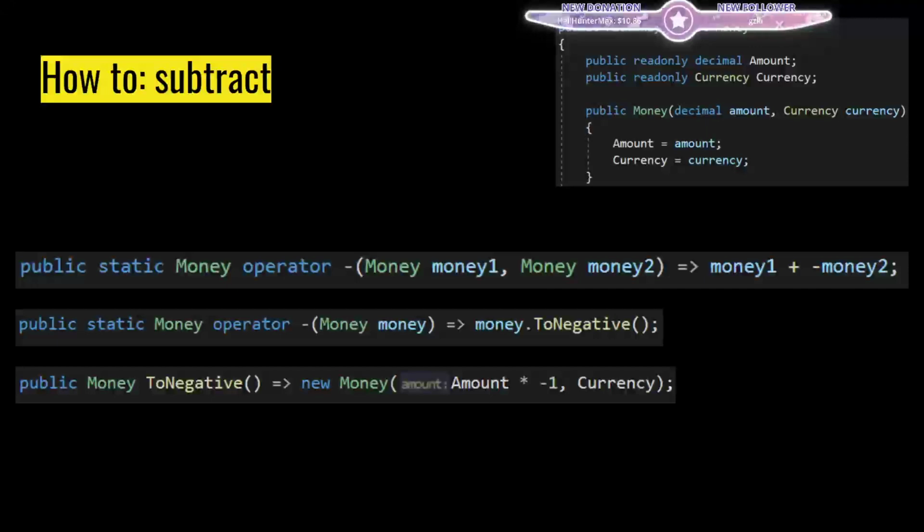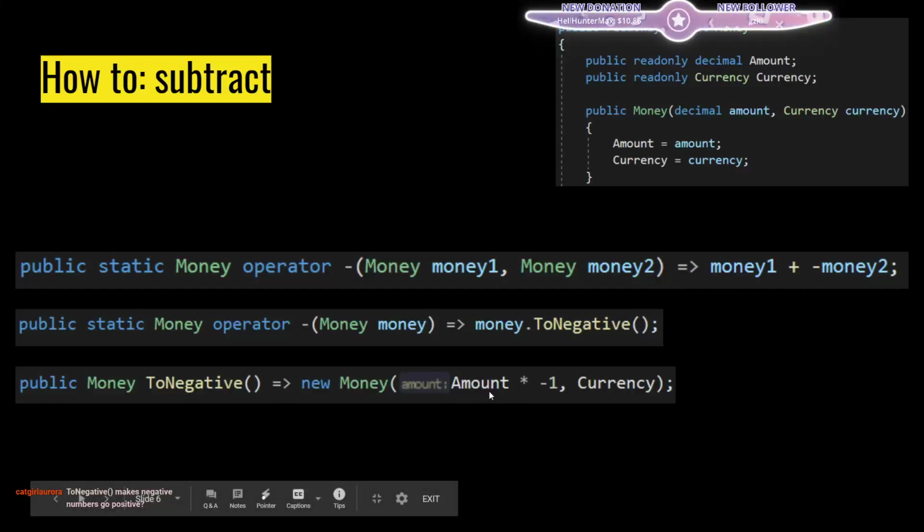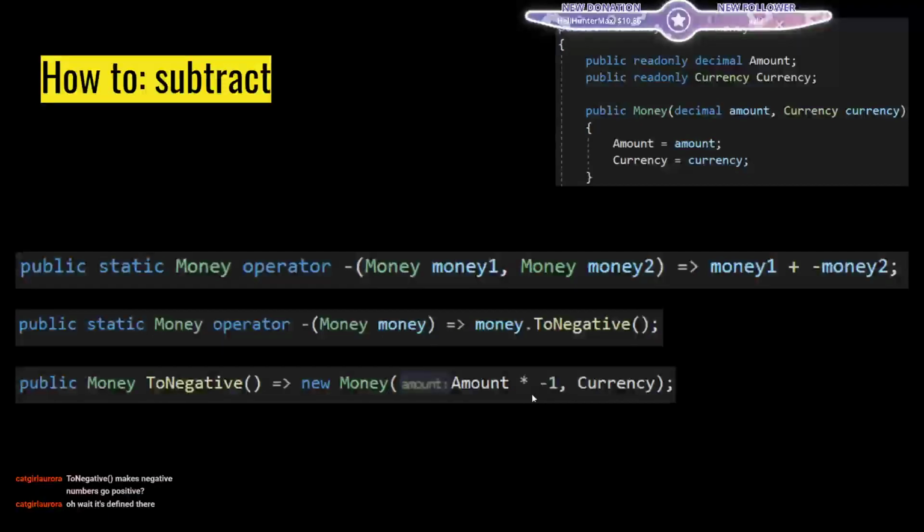Actually, the sum operator, the addition operator, is implemented here as well, but I do not show it because it's a more complex one. Yeah, as you can see, to negative simply multiplies amount by -1. So whatever it was, it becomes inverted.